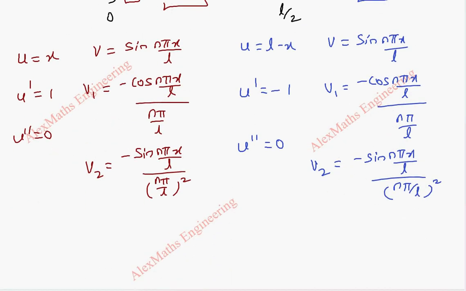Now the Bernoulli's formula is u v1 minus u dash v2 plus u double dash v3 and so on.